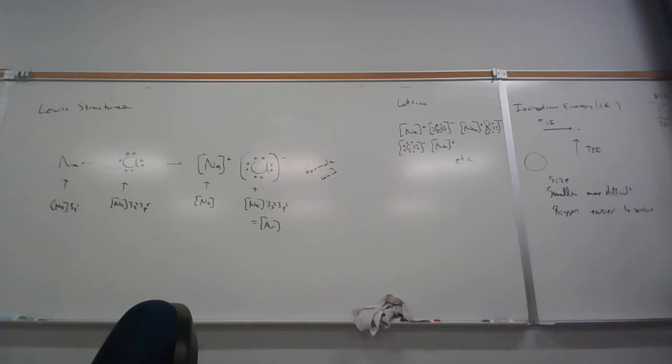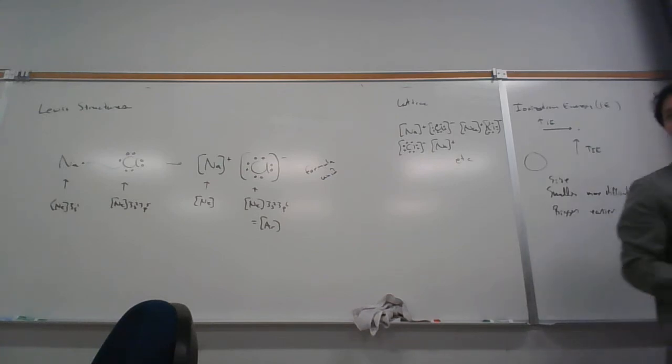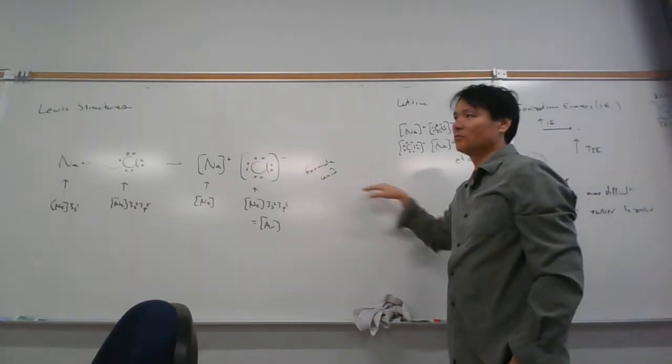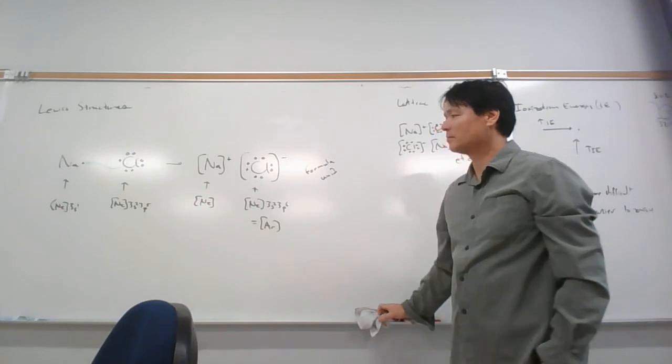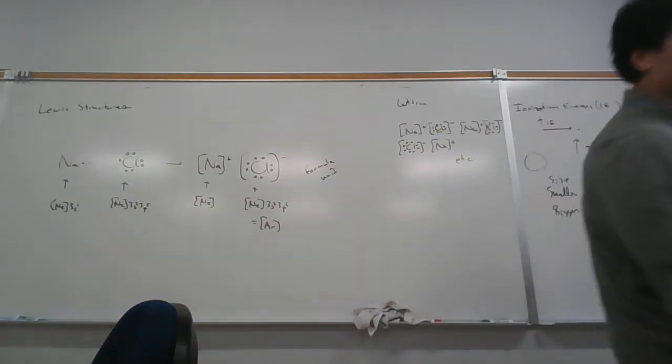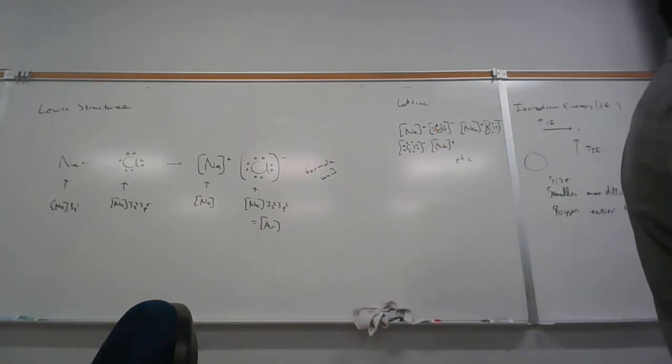And when chlorine gains an electron, it doubles in size. So chloride ends up being bigger than sodium ions. Whereas when we're looking at it in the periodic table, the size decreases as we go left to right. Something funny happens with the size. You don't have to memorize that.